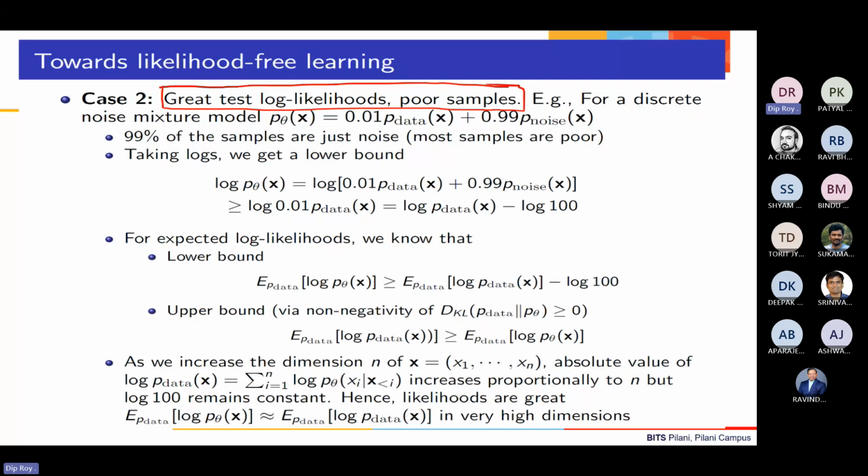GAN took a backseat because GANs are very hard to train. You don't know when the GAN will converge, and there is a min max game going on. It is very difficult to train a GAN, and a lot of tricks are needed to train a GAN.